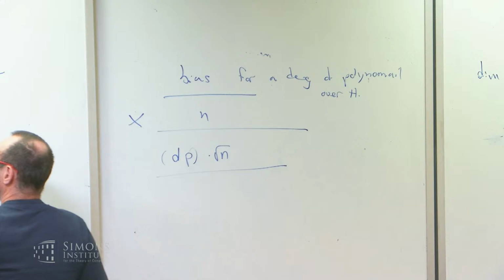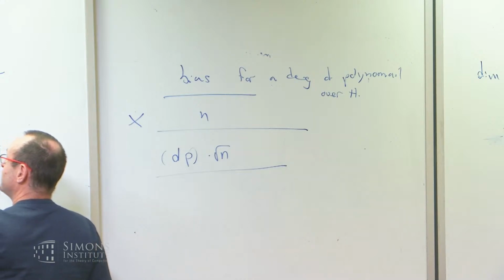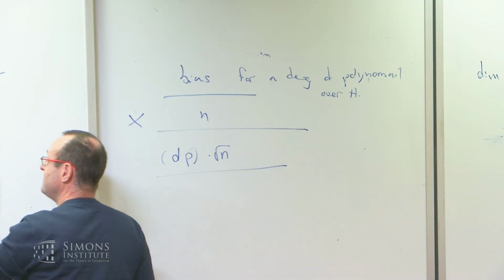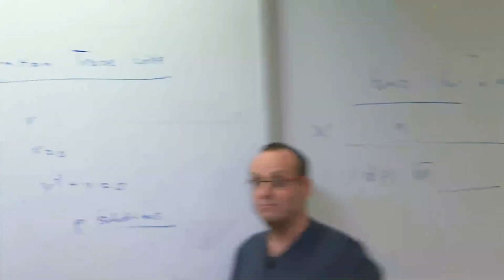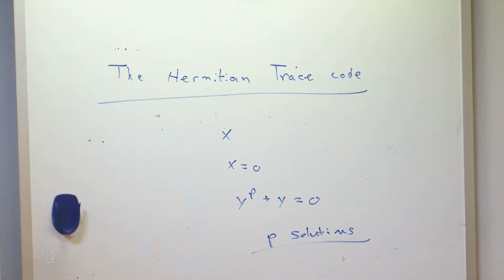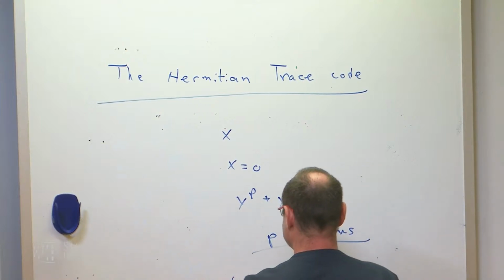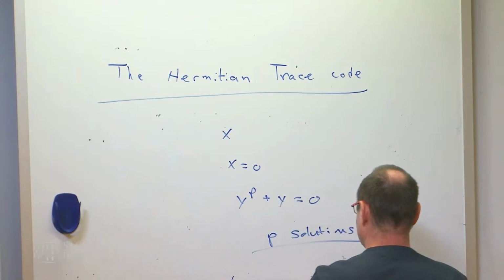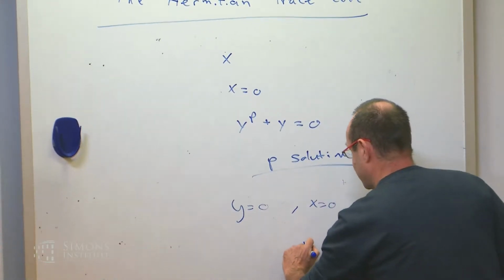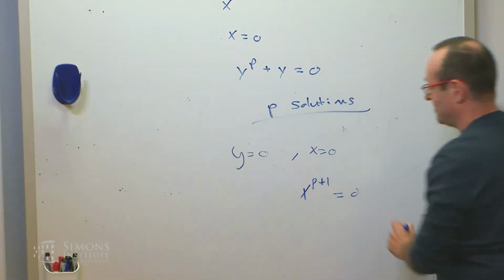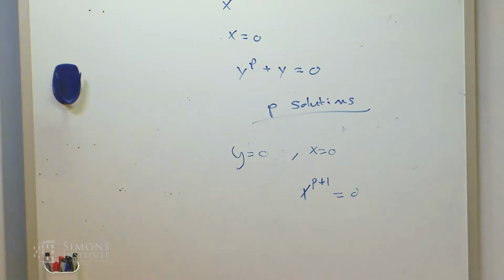When x is 0, y to the p plus y equals 0, and then there are p solutions, right? So the number of zeros is p. Similarly, if you look at y, when y is 0, then x is 0, so it looks as if there is only one solution, but really you get that x to the power of p plus 1 is 0, so you get p plus 1 solutions. You get one solution with multiplicity p plus 1, and you can actually make it precise.